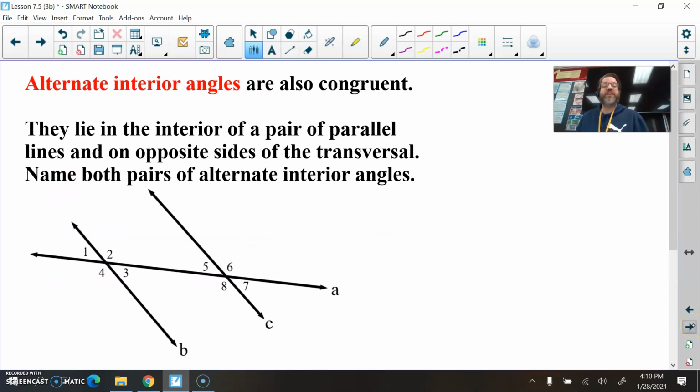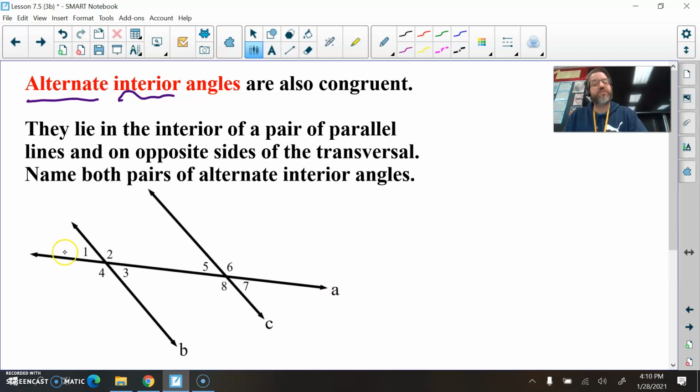Next, we have alternate interior angles. Now remember, interior angles are the angles that are inside of the parallel lines. Lines B and C are parallel to each other. 2, 3, 5, and 8 are the angles that are inside of those parallel lines. So the interior angles are 2, 3, 5, and 8. Alternate just means they're on opposite sides of the transversal.